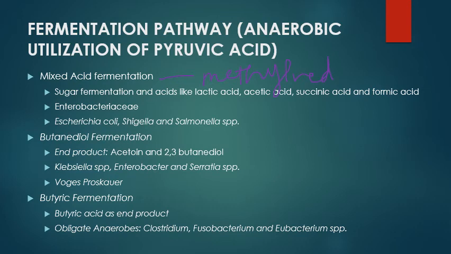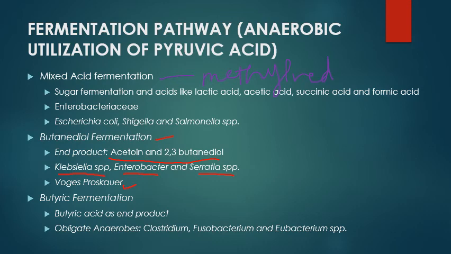So, your butanediol fermentation, the end products are acetone and 2,3-butanediol. So, examples of this would be your Klebsiella species, Enterobacter, and Serratia species. So, one test that would actually assess the butanediol fermentation is your Voges-Proskauer.